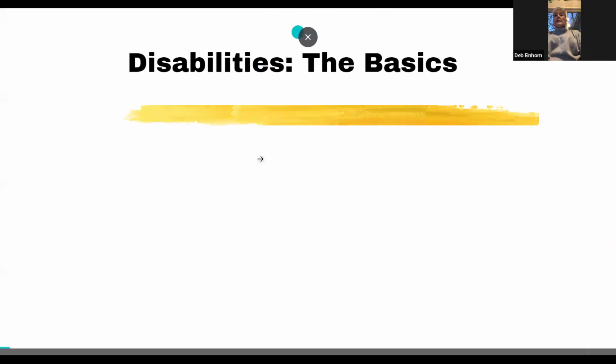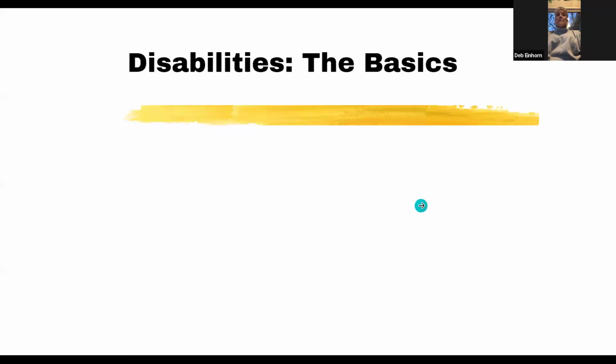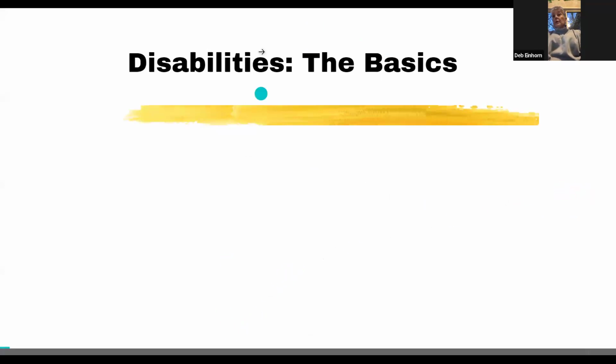We have 2 PowerPoints tonight. The first one will be just some basic information about disabilities. We will look at the eligibility categories for special education, what those disability categories are, in order for students to be eligible to have an IEP, or an individualized education plan. Most of you are parents, and so you probably have intimate knowledge of your child's disability, but may not be so much aware of other disabilities.